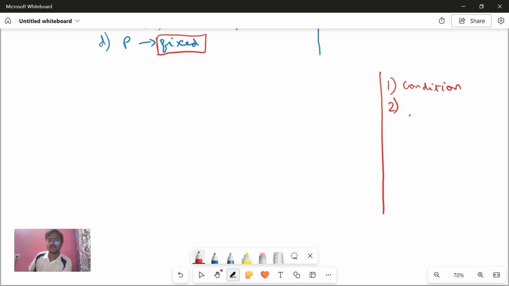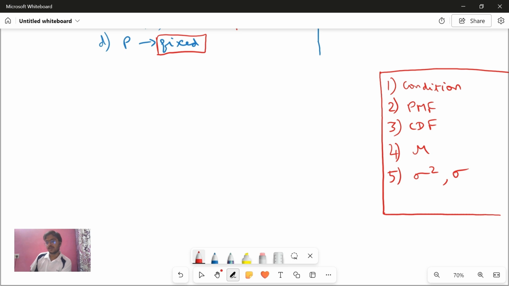Second is the PMF, the actual probability mass function that the distribution takes. Third is the CDF. Even though the CDF has no formula of its own, we'll see how to calculate it using the PMF. Fourth is the mean, and fifth is the variance. By variance I mean standard deviation also. These five things we will see for every distribution along with the proof.